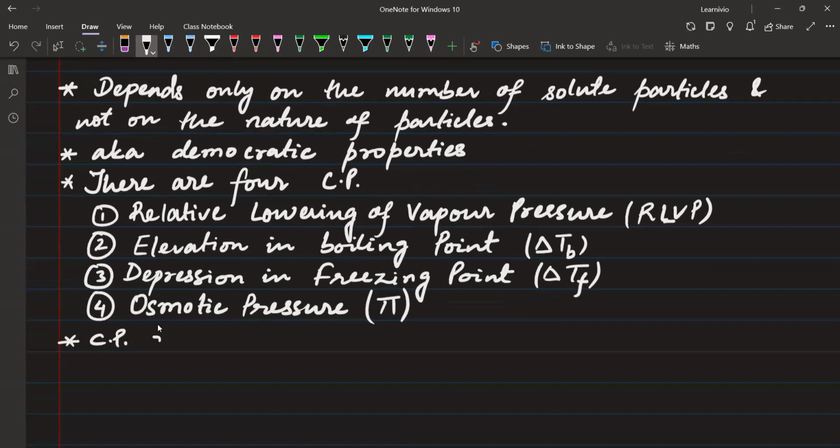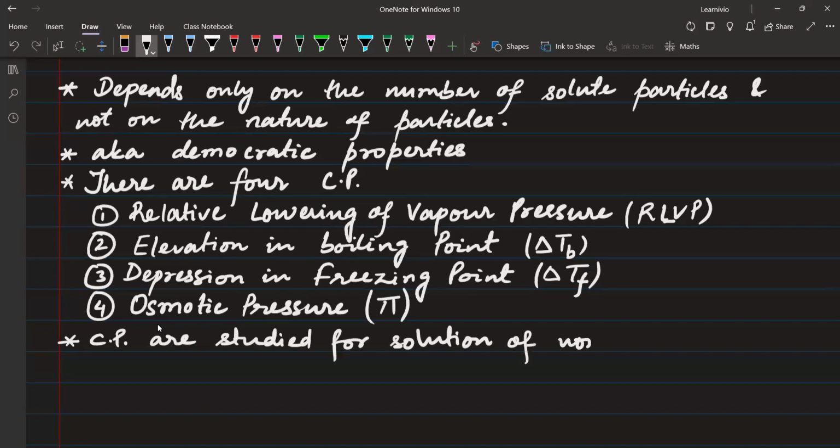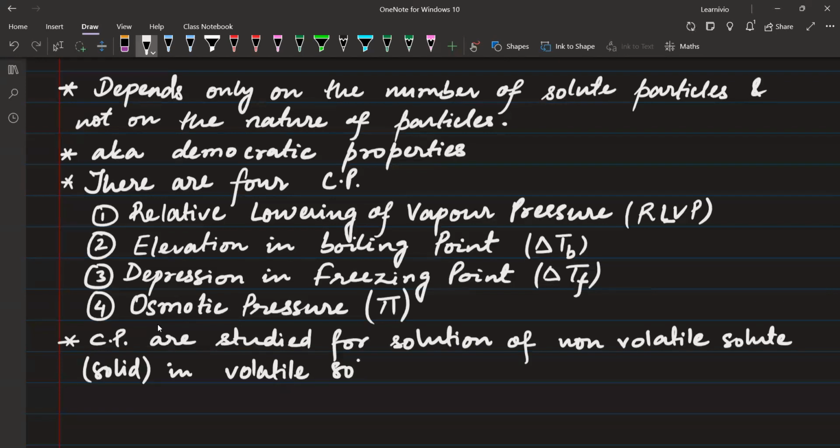Colligative properties are studied for solutions of non-volatile solute, that is a solid solute, in volatile solvent. In volatile solvent. Now the solvent will be volatile, that means liquid.